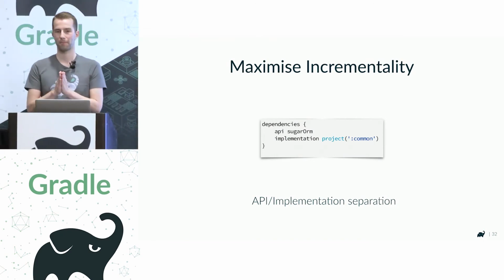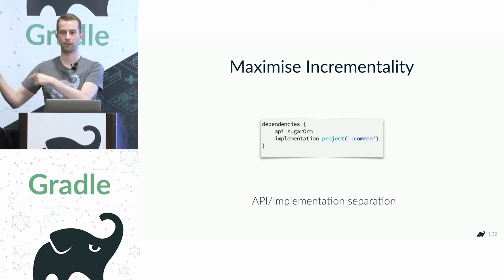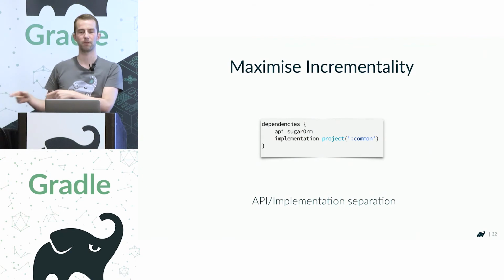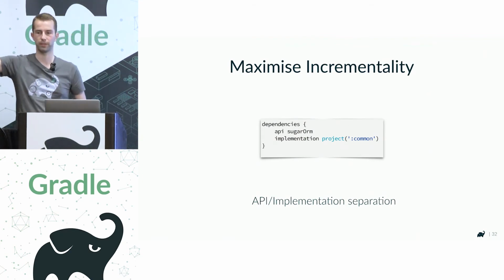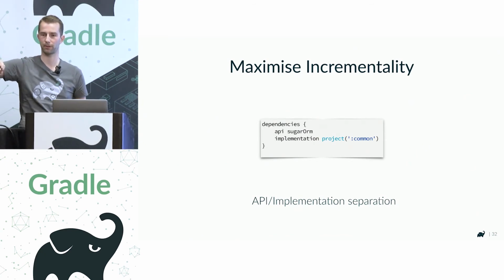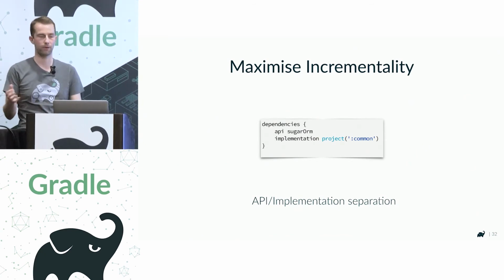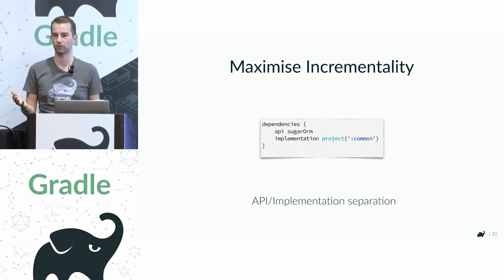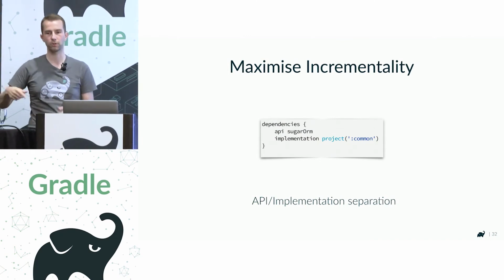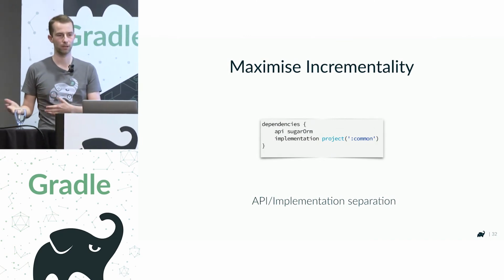And the reason is, we don't want to recompile downstream modules if just some implementation dependency changed. We don't want to leak our implementation dependencies onto the compile class path of downstream modules. If I'm using, for instance, Guava internally in my method bodies, but I have it nowhere on my signatures, then downstream projects shouldn't need to compile against Guava.